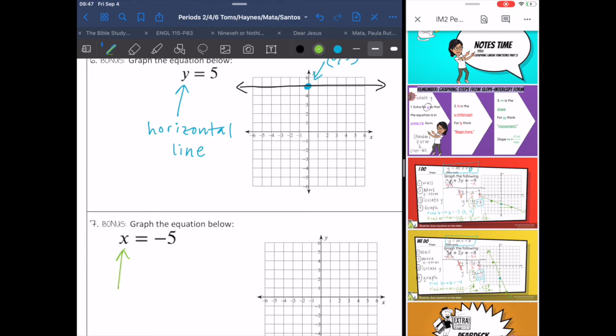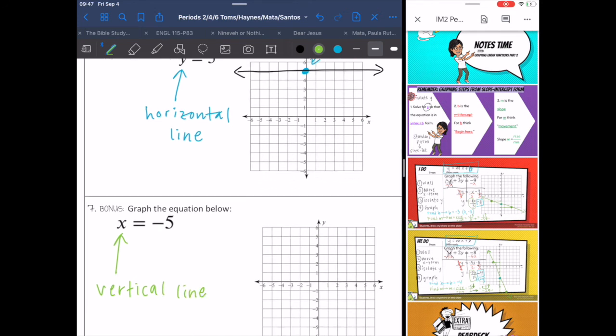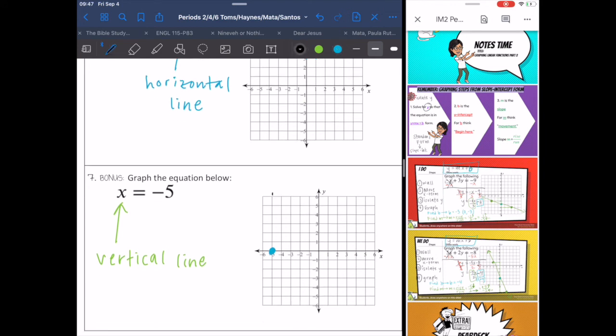This is a vertical line. So then I plot where my x is at negative 5. X is at negative 5, boom. Okay, and because it's a vertical line, we just plot the point like this. We plot the point and then we draw the line, okay?